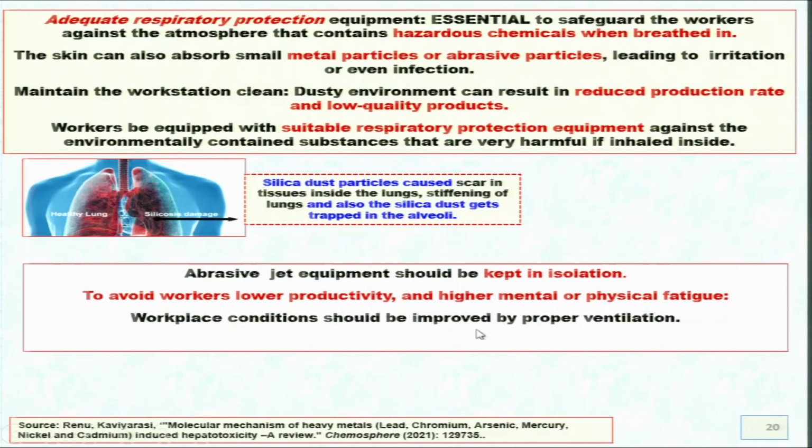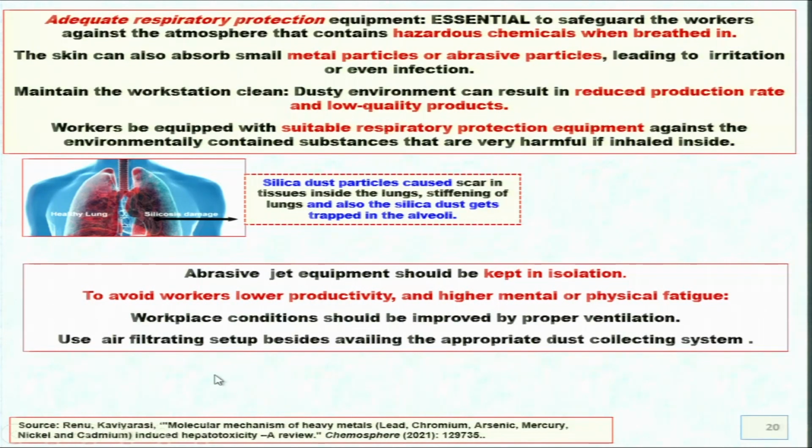Workplace conditions should be improved by proper ventilation. This is very, very important that whenever you are using these processes, proper ventilation must be there, and air which is exiting from the workplace should not be left very close to the buildings. It should be sent far off so that it really doesn't affect the people living in surrounding areas or working in surrounding areas.